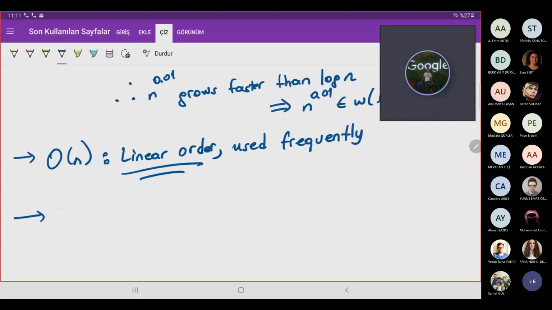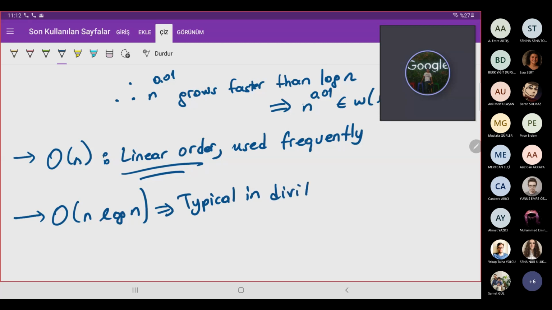The next one is big O n log n. This is what happens in most sorting algorithms. Of course, there was insertion sort, which was n square, but quick sort, merge sort, and all the other sorting algorithms you have seen in data structures are of complexity n log n. And this is typical in divide and conquer algorithms.